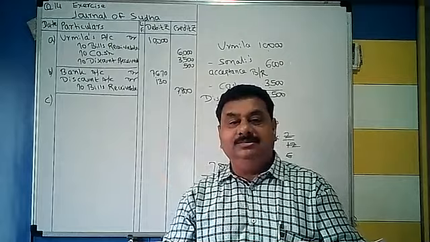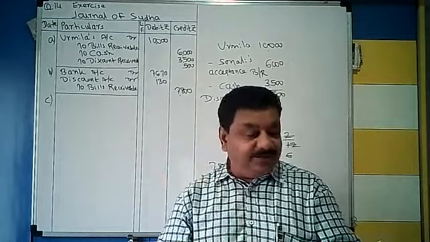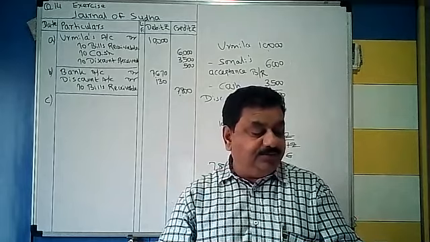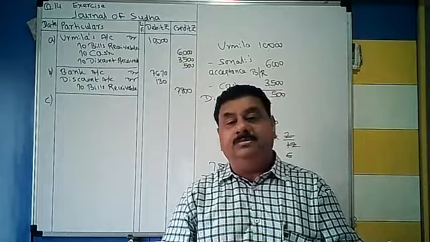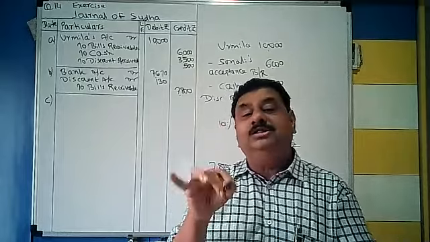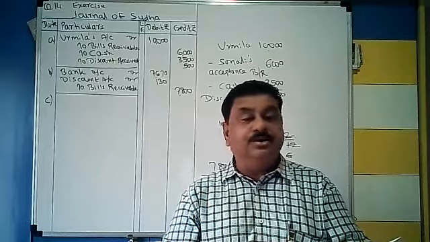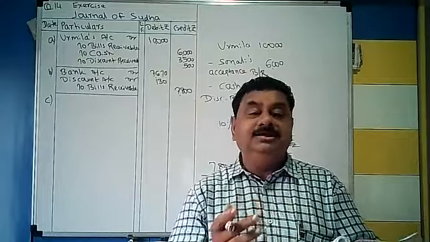Now C case is something different, but it is renewal only. Look carefully at what is given. Bank informed that Anuradha's acceptance of 4,800, which was discounted with the bank, was dishonored. That means first we have to pass the dishonor entry. And whose acceptance is it? Anuradha. So Anuradha is a drawee and the bill is discounted.